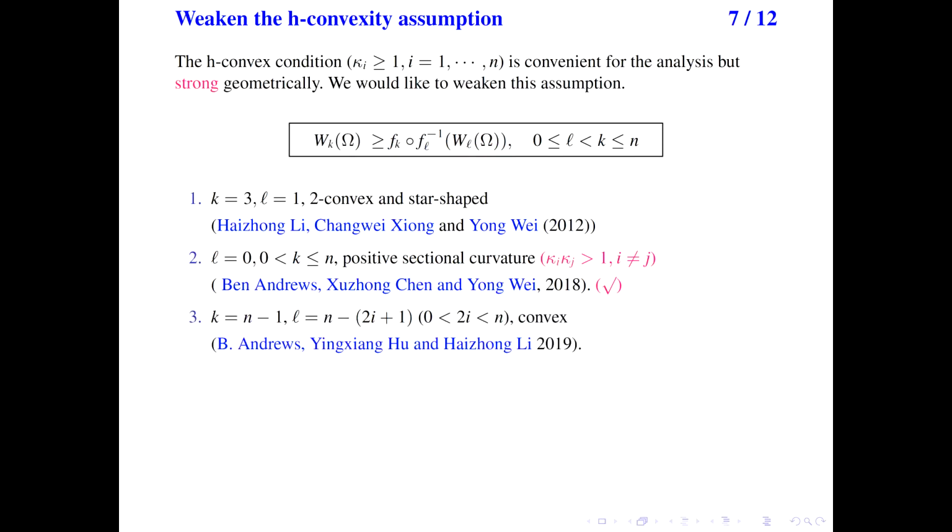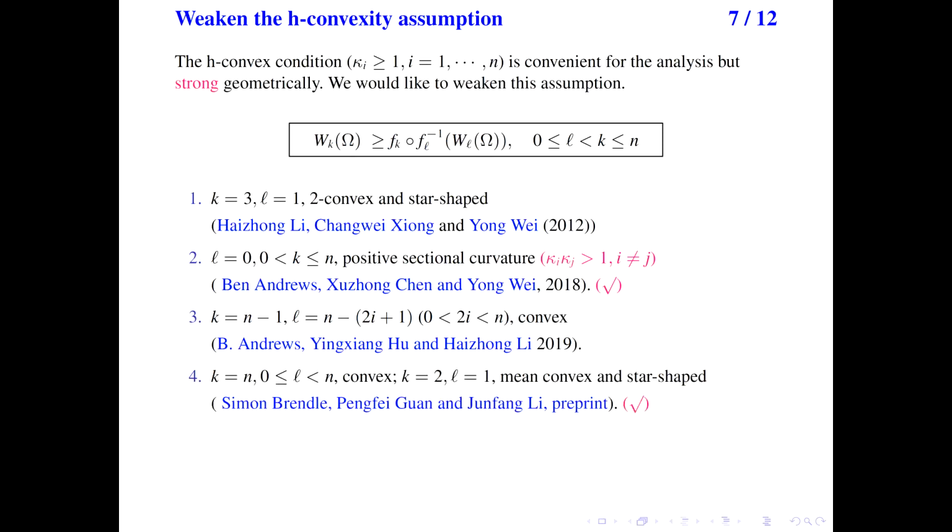And in the next year, Andrews, Hu and Li proved the inequality for k is n-1 and l is n-1 minus 2i for convex domains. Their method is by applying the harmonic mean curvature flow.